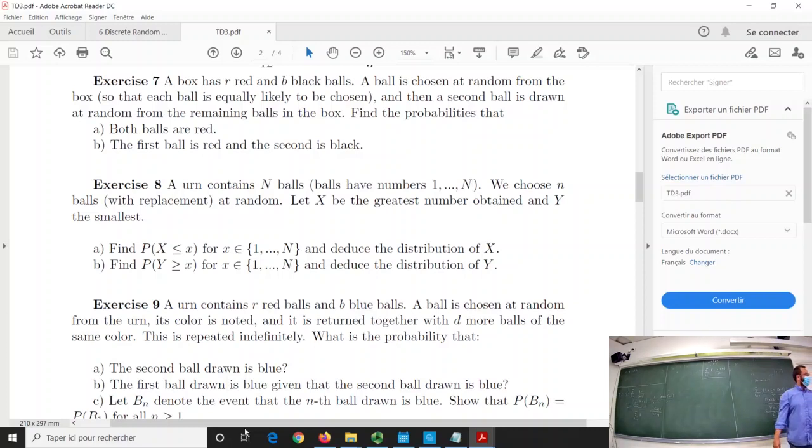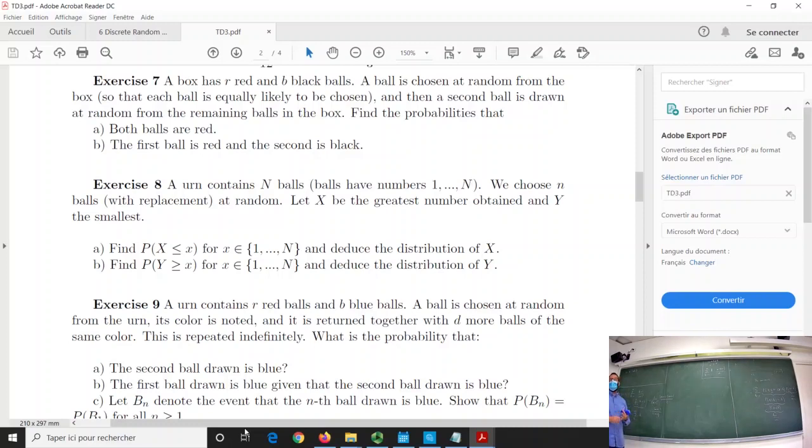I do this small n times. I denote by capital X the greatest number I obtain, and by capital Y the smallest. What we want to do in this exercise is to compute the distribution of capital X and capital Y. It's my aim.